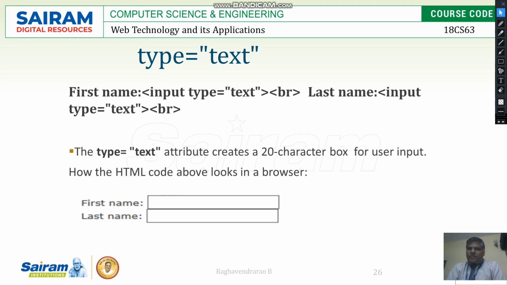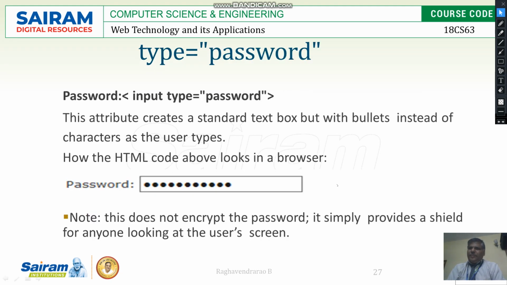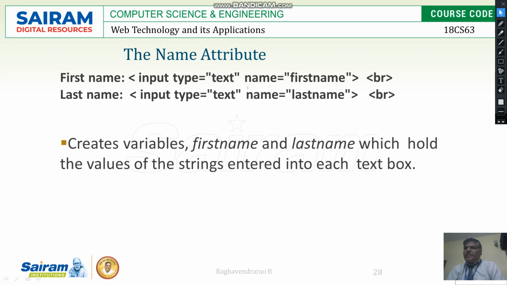Otherwise this text box name is going to be taken as text 1, this is text 2, text 3, like that it does indexing. It's always better to give a name to that particular thing. So name is another attribute of the input element. The first name and last name have been given, so we will call them with the names. The text boxes will be called with the name attribute.